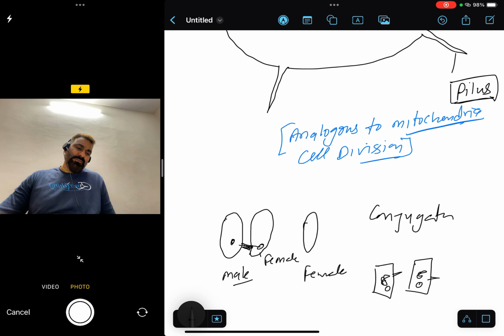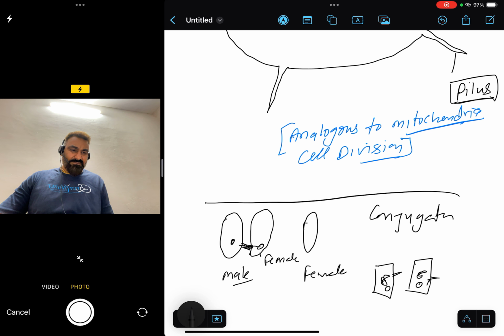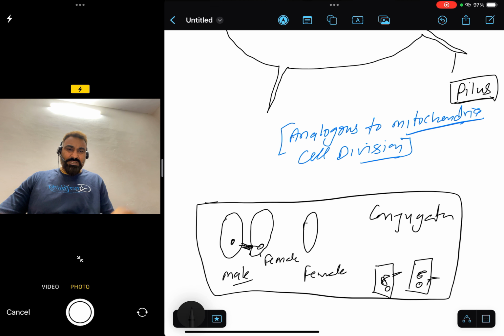In this way, the bacterium which did not contain pilus has it after conjugation. This process occurs with the help of only this pilus, so it helps in sexual reproduction. And this male, because it donates its plasmid to the one that does not contain plasmid, is known as male, because it donates its DNA to the other bacterium.